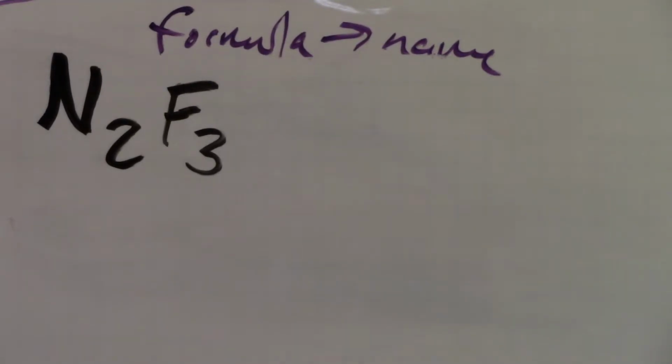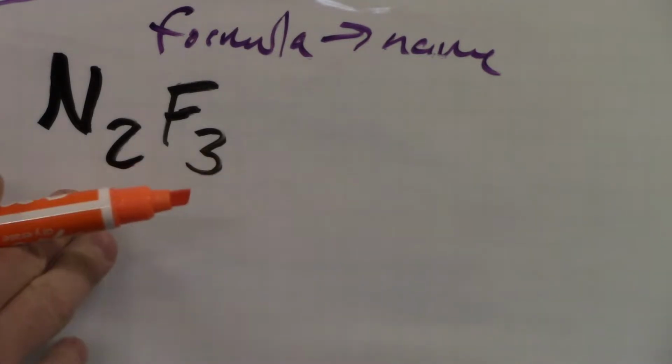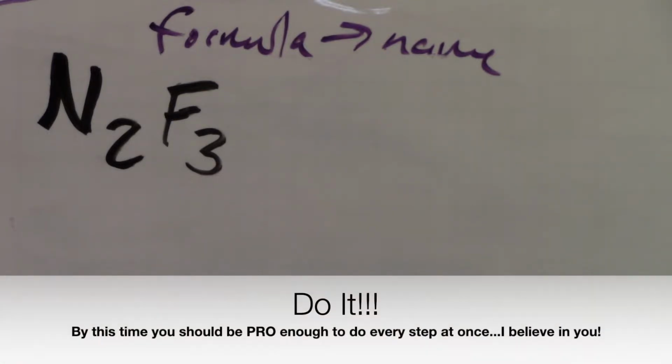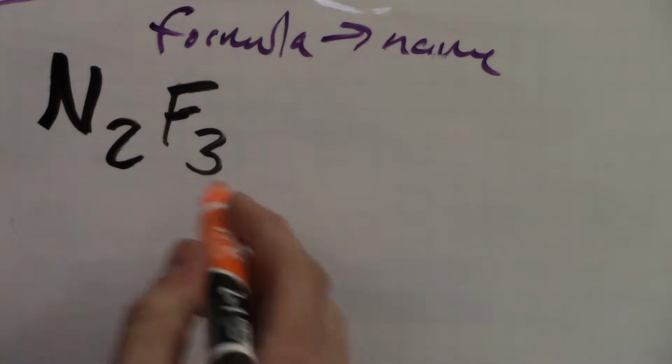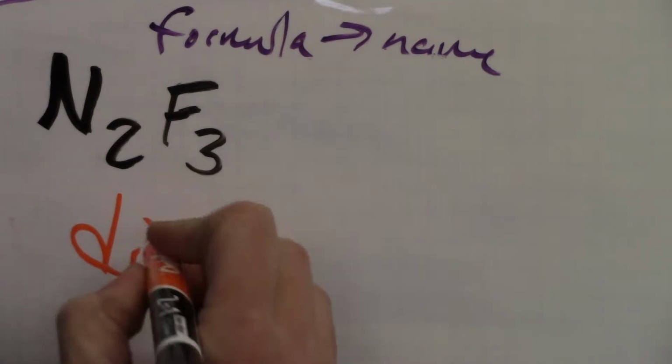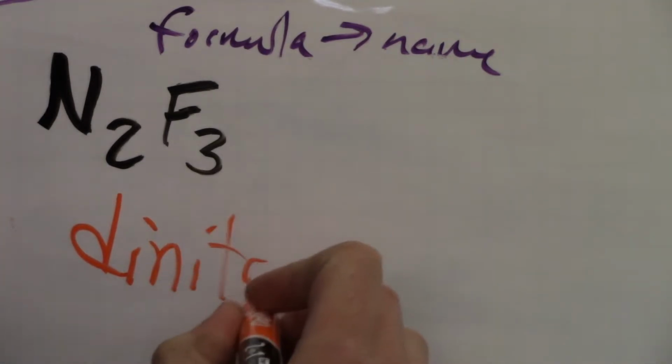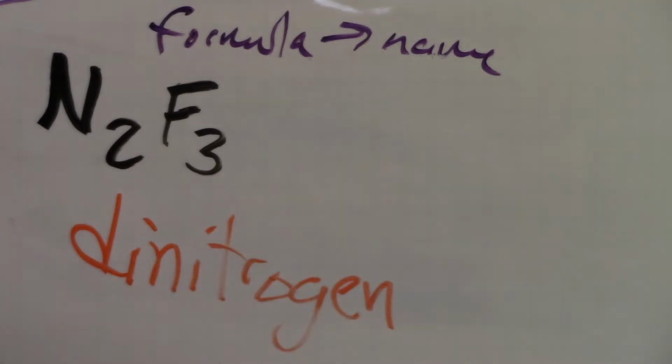We have another example here. So step one, name the first nonmetal, which is nitrogen. Now in this case, we can see that it has two nitrogens. So if you want to right now, put the prefix on before you even write it. The prefix for two is di, so it would be dinitrogen. And what about this next one?